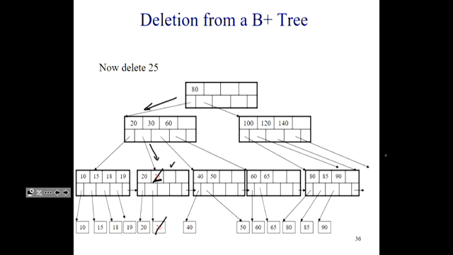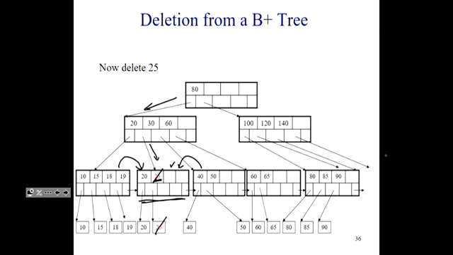One thing that I can do is to simply grab some stuff from the left-hand side, because the left-hand side has more than enough stuff, such that this leaf once again has D keys. I could technically also grab from the right-hand side, but the right-hand side has far too few, right? It has just exactly D. So I can't grab stuff from the right-hand side because it would end up violating the constraint.